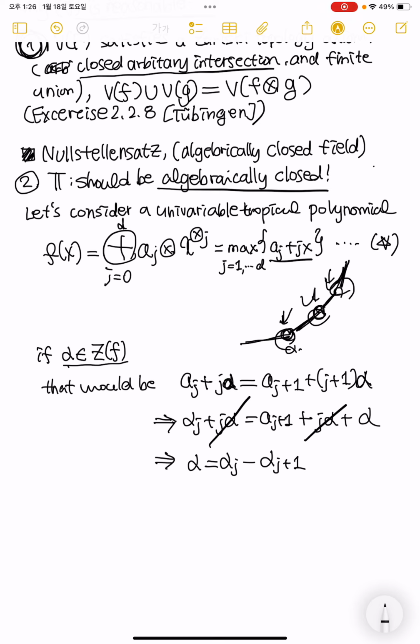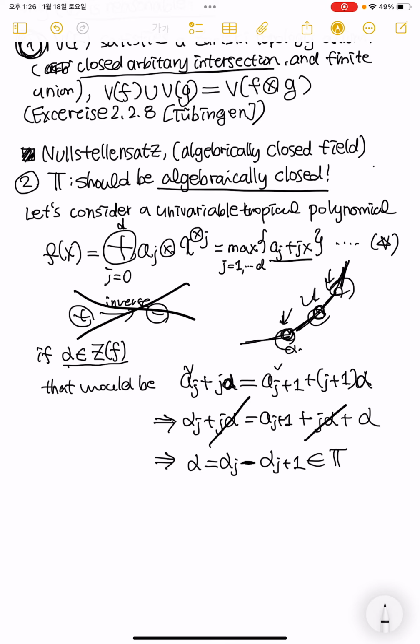Because each coefficient lives in T, and that is a general minus. Okay, in the tropical world, the inverse does not exist, but it's a general minus, as you know. So that lives in T.